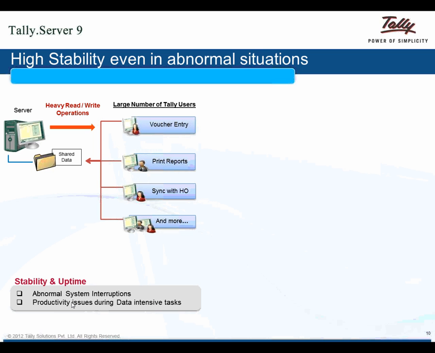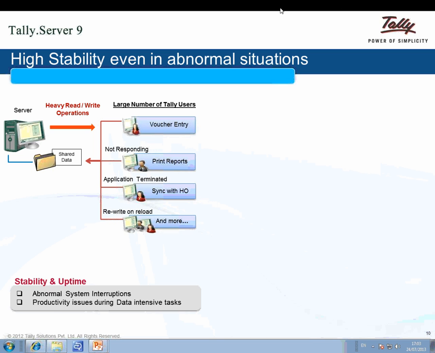Have you ever found these kinds of errors in the current scenario? It says not responding, but it is not an issue of the Tally application. As I said earlier, Tally is using SMB protocol which has some limitations.